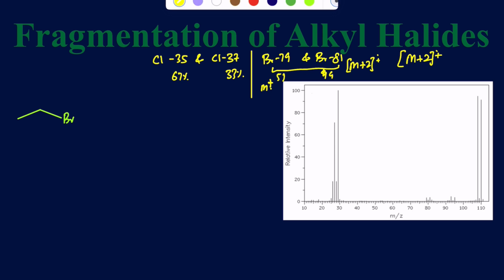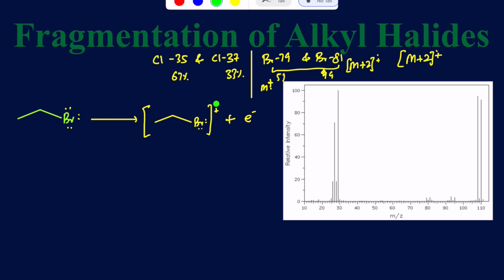I have 3 lone pairs on the bromine. I'm going to make a radical cation out of that. When I make the radical cation, one of the electrons goes away from the bromine, because bromine has a bunch of non-bonding electron pairs, and that gives you the radical character.